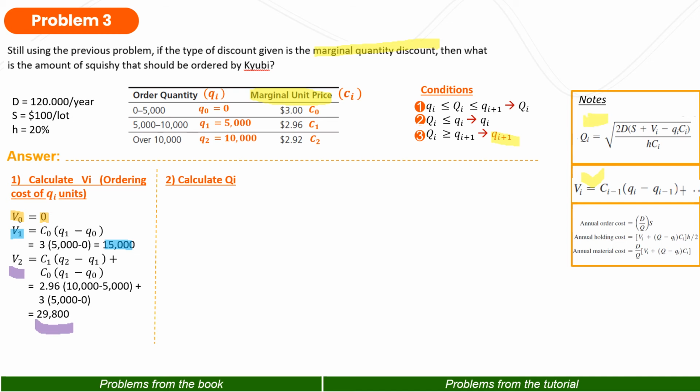Okay, so for the Q0, the formula is quite different from before. The formula is here.